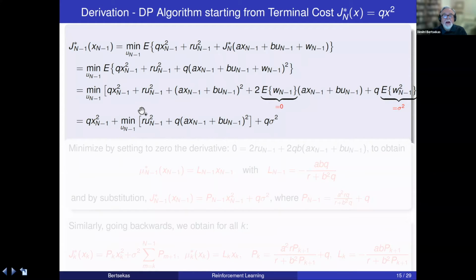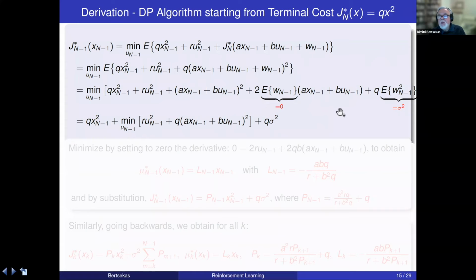Then we simplify this expression by taking out the stuff that involves the random quantity w. So we expand this quadratic here, and the terms that depend on w involve the expected value: this term from multiplying w with this expression and taking the expected value of w, and this expression which comes from the quadratic term in w.